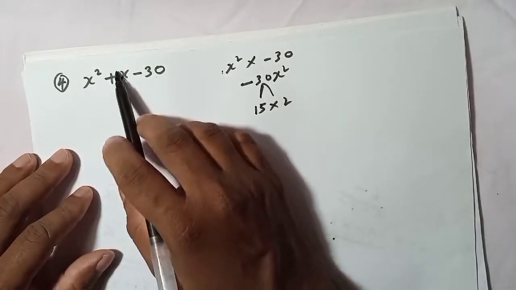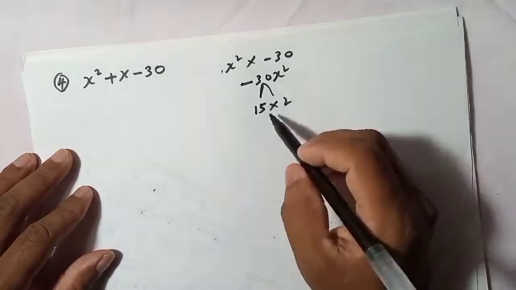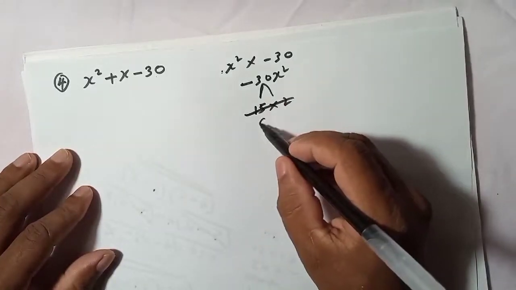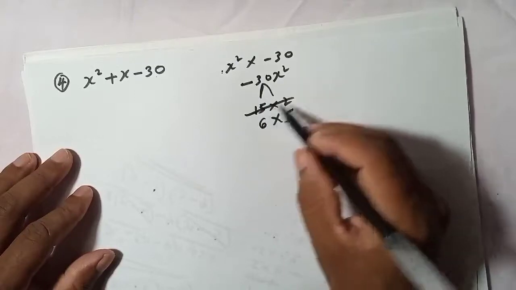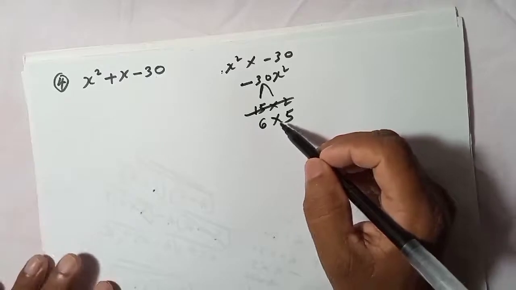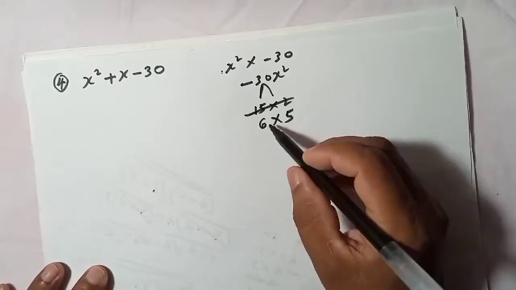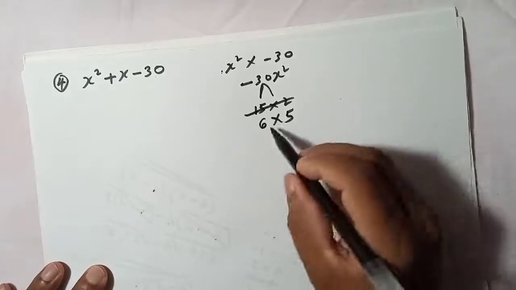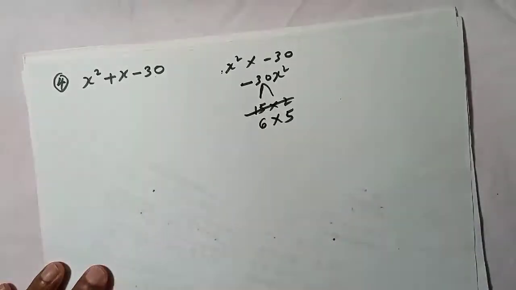Here there's no number, meaning 1, right? So you can't get it. So cancel it. Now you can get 6 into 5. We have another method also, but I will use this one. 6 into 5, right? Now 6 into 5, 30 you can get, but 6 plus 5 is 11.